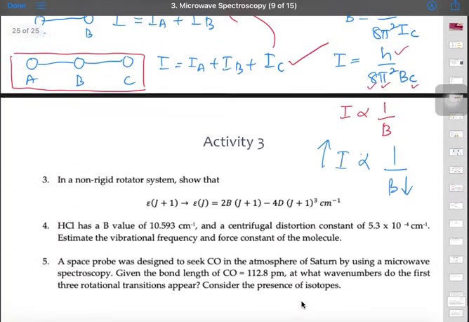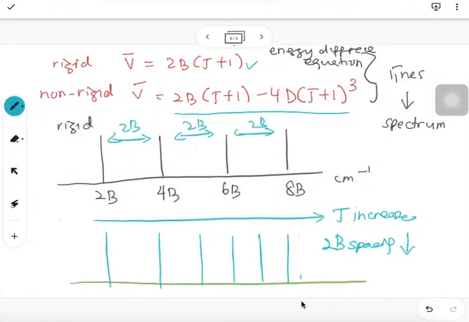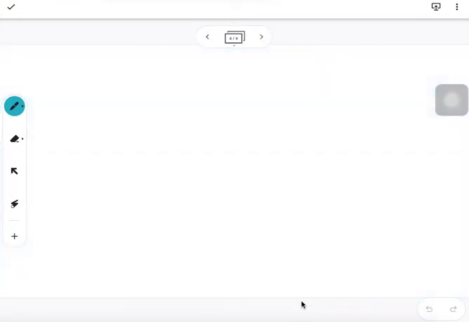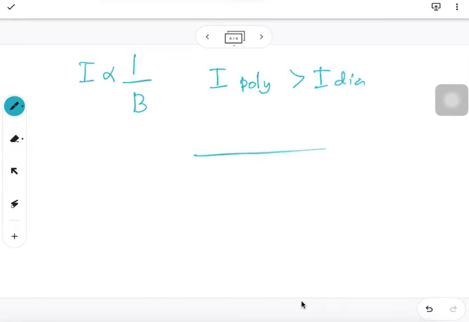Since I is inversely proportional to B, and I for a polyatomic molecule is greater than I for a diatomic molecule, for a diatomic molecule I is smaller, so B is bigger.